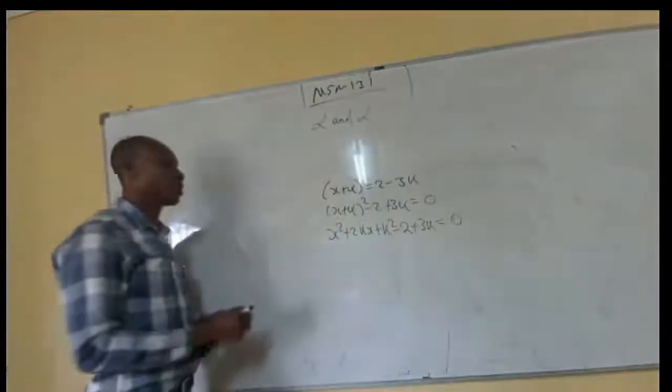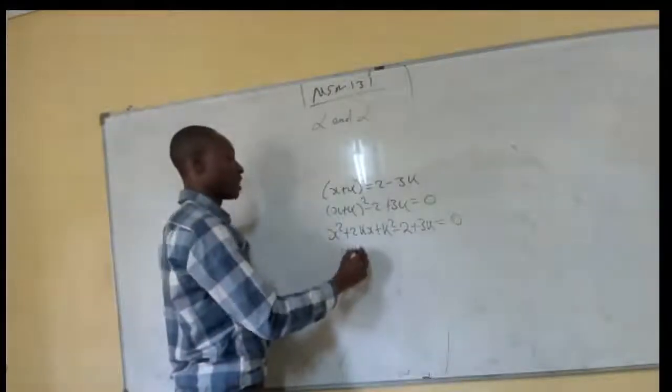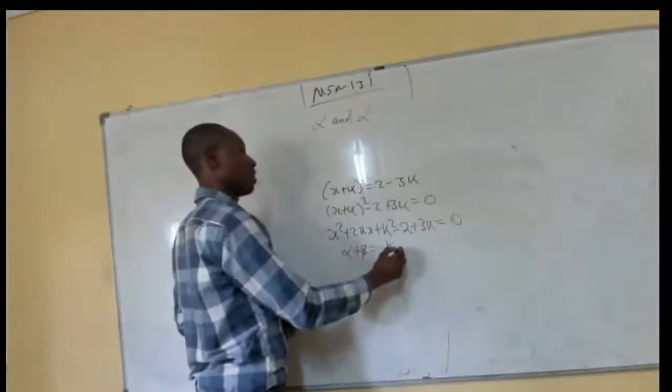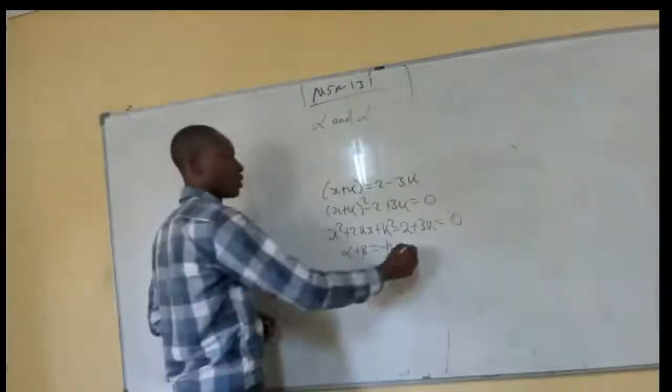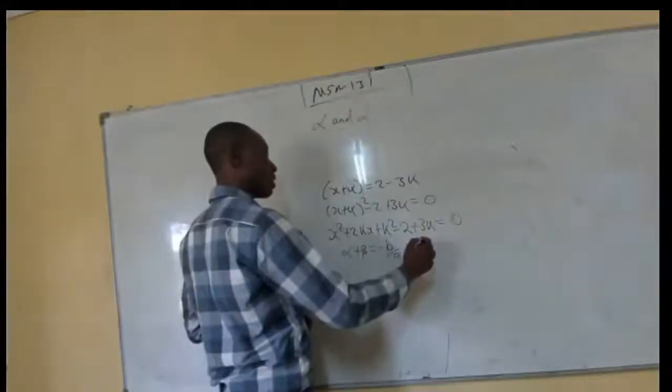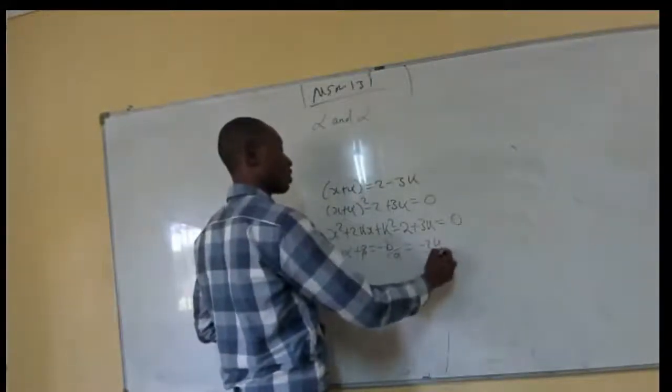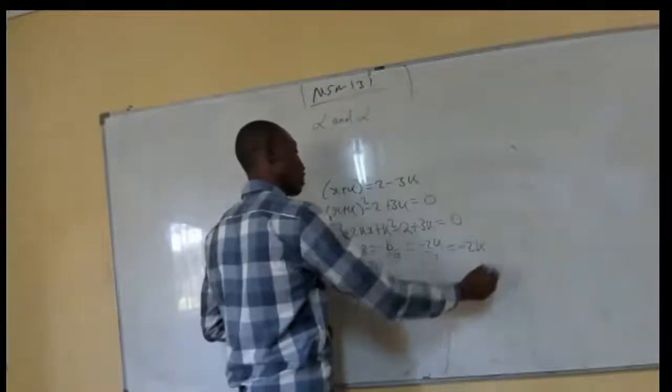So we have 2 alpha. The sum of the roots, alpha plus beta, is equal to negative b over a. In this case, b is 2k, over 1, so the answer is negative 2k.